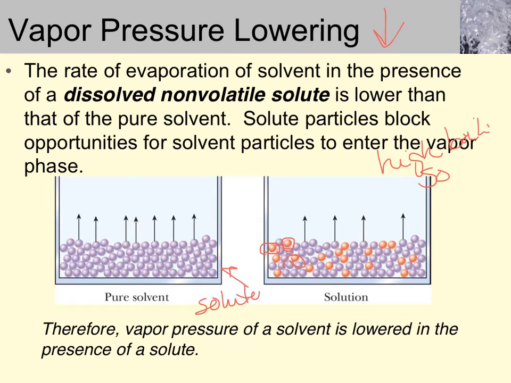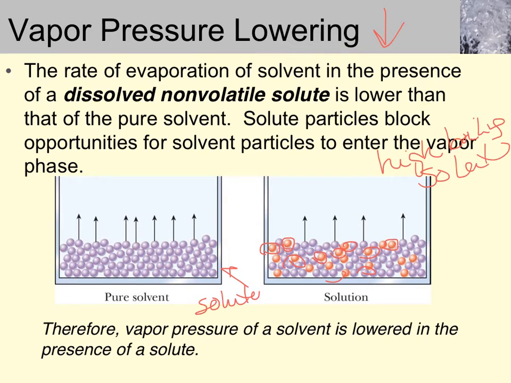High boiling, high molecular weight solute. That's kind of assumed. When you add a solute, these high boiling, higher molecular weight particles are blocking or getting in the way of at least some of the solvent particles from escaping the liquid phase into the gas phase.